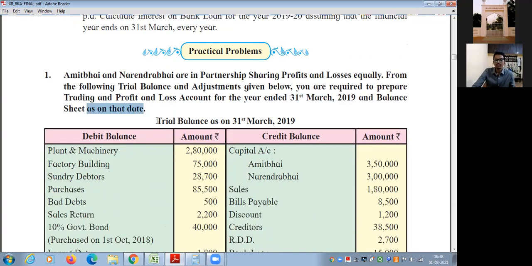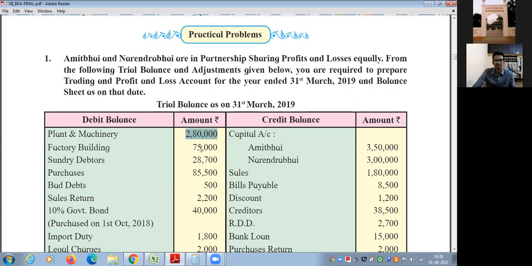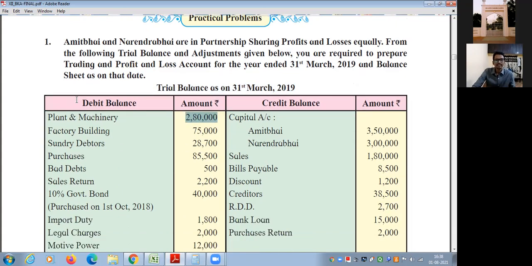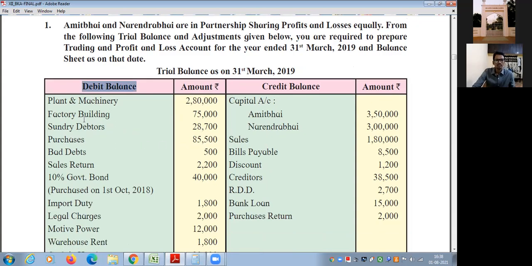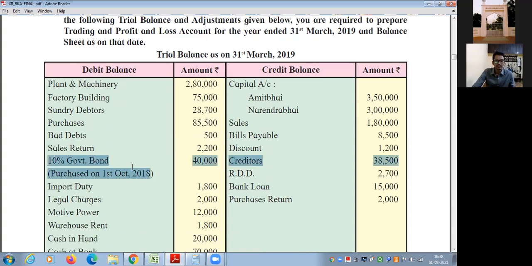So we have a trial balance, the list of closing balances of ledger accounts that we have studied in the previous lecture. We have the debit side, the expenses side. We have plant and machinery, and all the revenue as well as capital nature expenditure written over here. We have one new item, a 10% government bond.